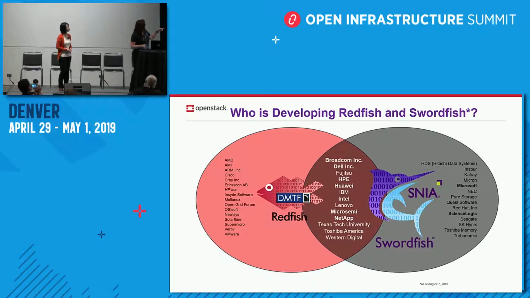So you can see a lot of server vendors and component vendors that are working on Redfish. And then you can see a lot of classic storage vendors on the Swordfish side, but then you see a lot of overlap companies that are developing both. You also see a little bit of some research folks and things like that also in the mix.